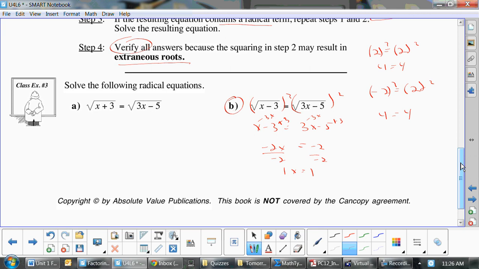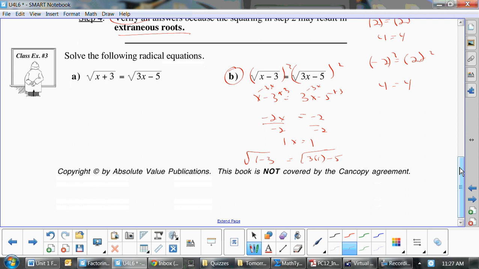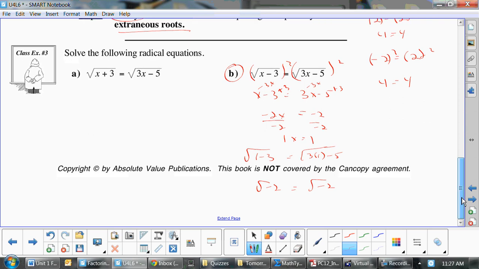Now, is it correct? Let's see. Does the square root of 1 minus 3 equal the square root of 3 times 1 minus 5? I got the square root of negative 2 over here, and this is the square root of negative 2. Yeah, so there is no solution.